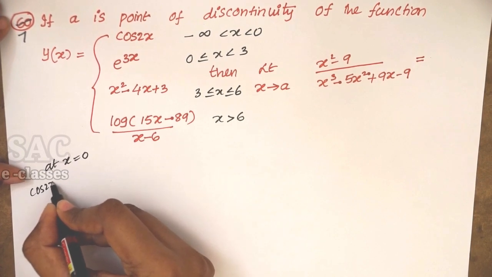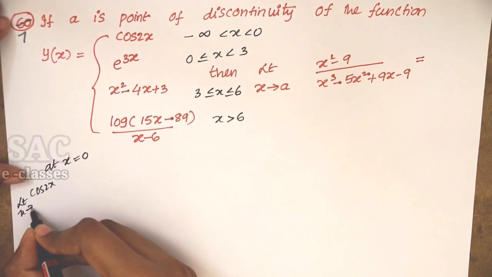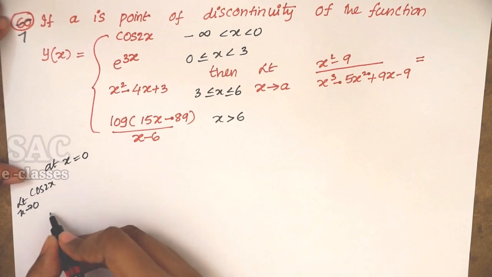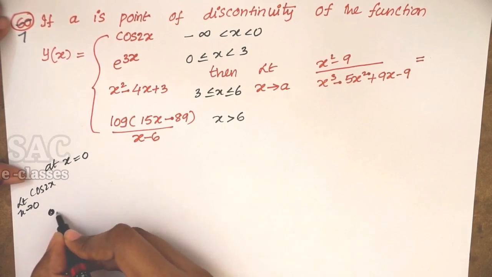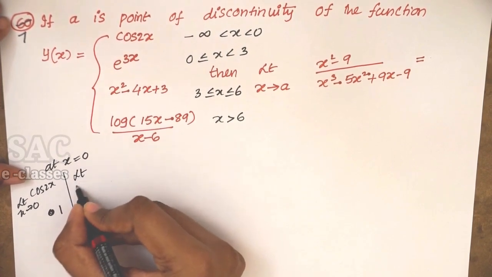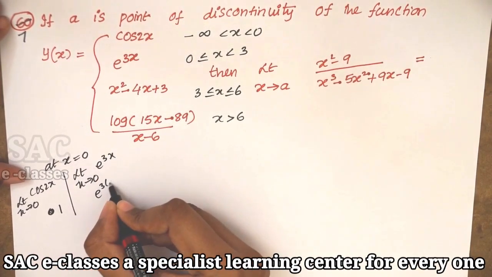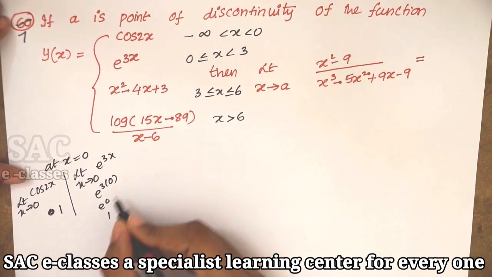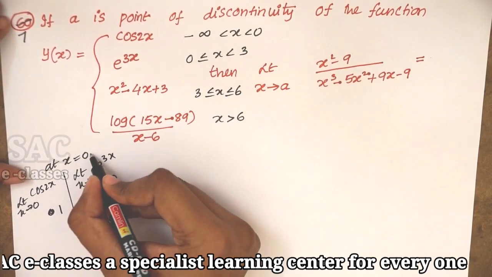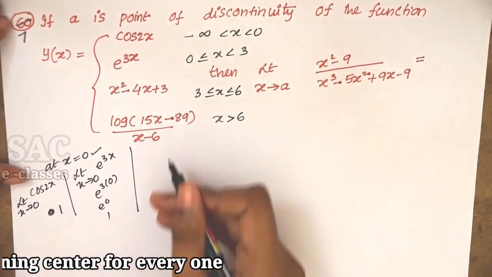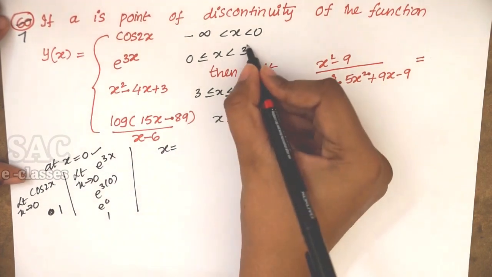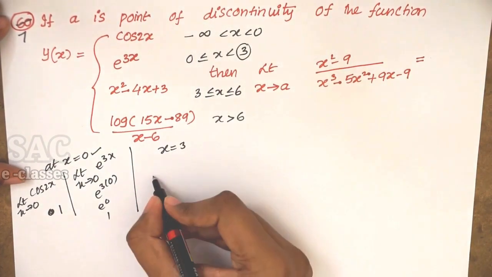Cos 2x, limit x tends to 0, cos 0 means it is 1. Limit x tends to 0, e power 3x is nothing but e power 3 into 0, nothing but e power 0, which is 1. So it is continuous at 0. Then one more point is 3.